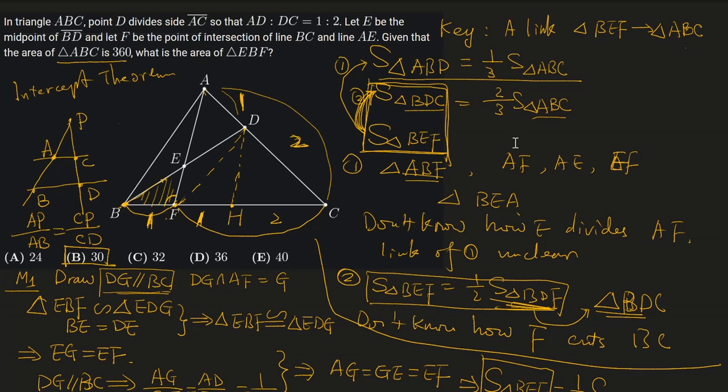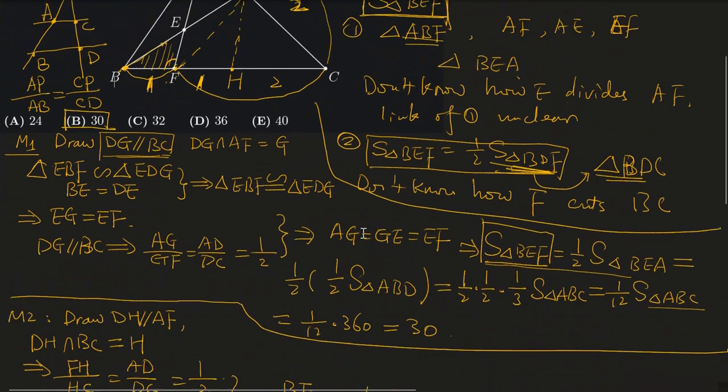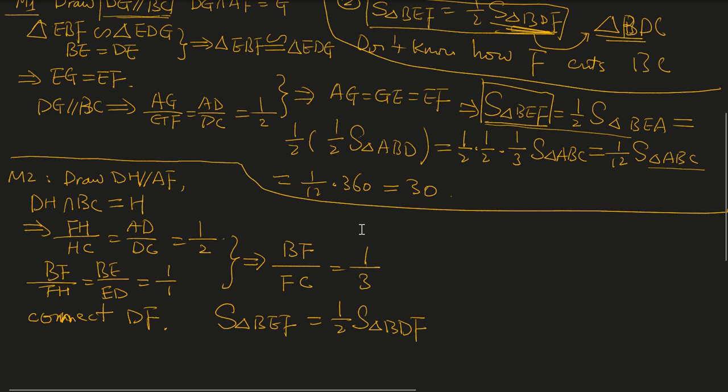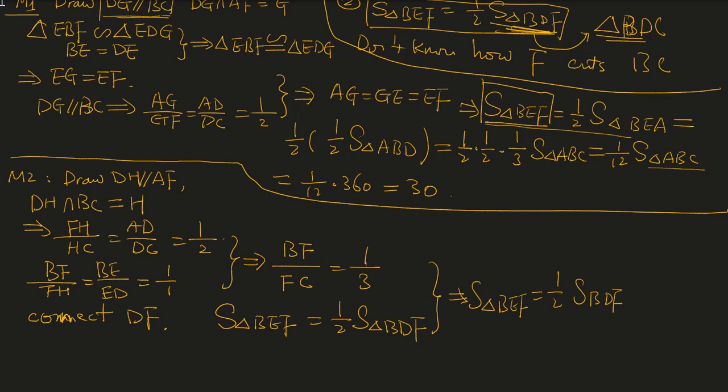If we look at this picture, we know that we'll use the segments BE and BD as their bases, and the height from point F to line BD as their common height. Therefore, we have this relationship. And combined with this, from these two facts, we have the area of the triangle BEF equals a half of this BDF, right?